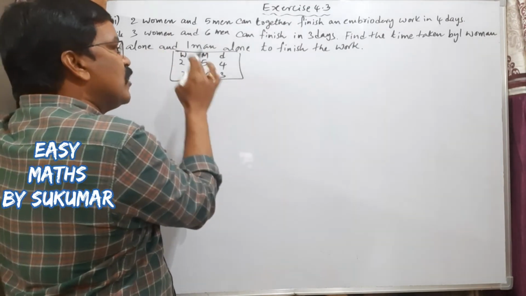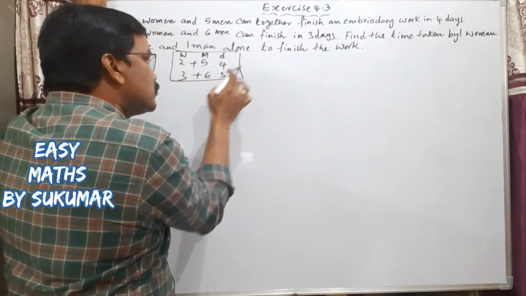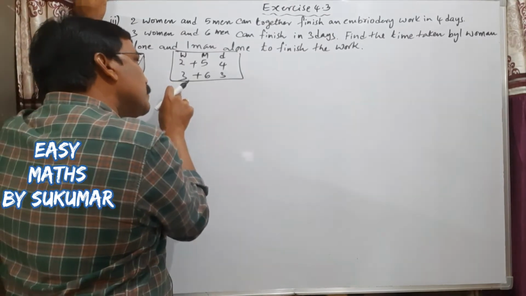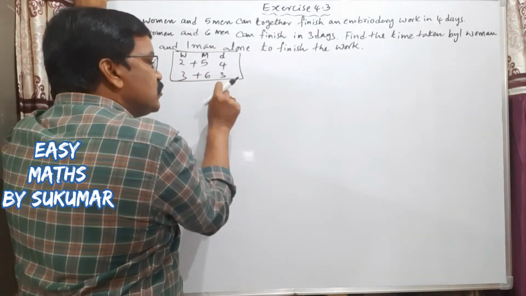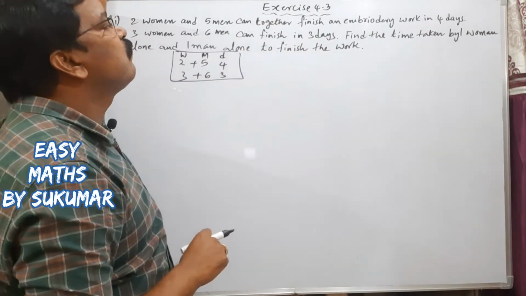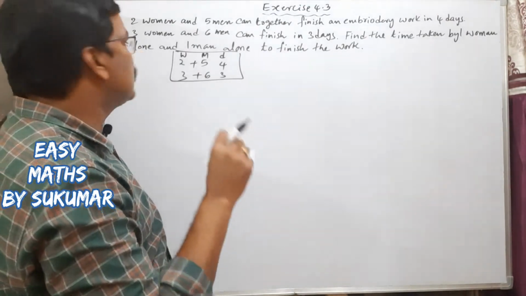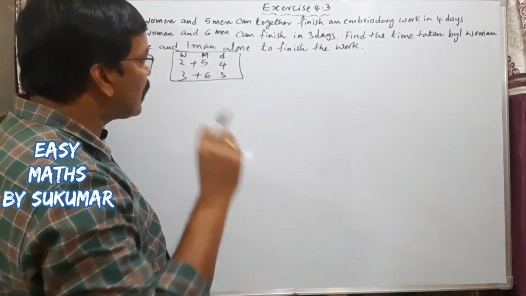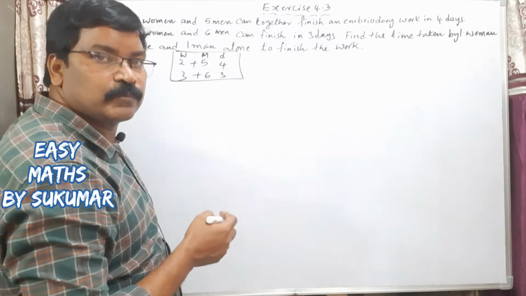2 women and 5 men can finish the work in 4 days, and 3 women and 6 men can finish the work in 3 days. Okay. Find the time taken by 1 woman alone and 1 man alone to finish the work. Okay.